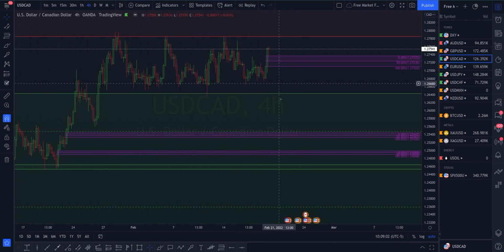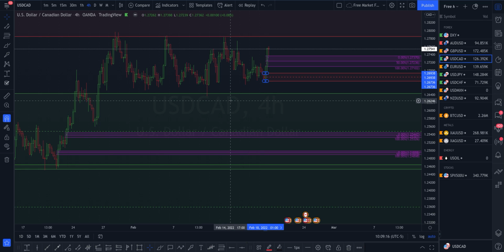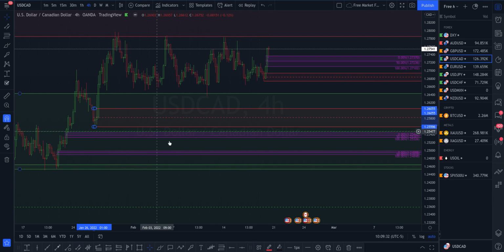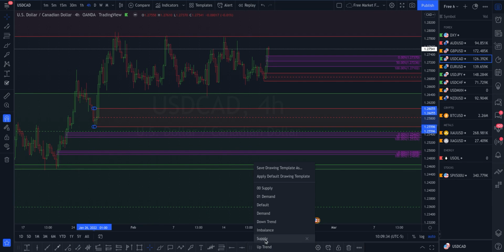Okay. Let's take a look at this rally base zone here. This one has not been mitigated. Let's take a look here. This has not been mitigated, and it should be demand.